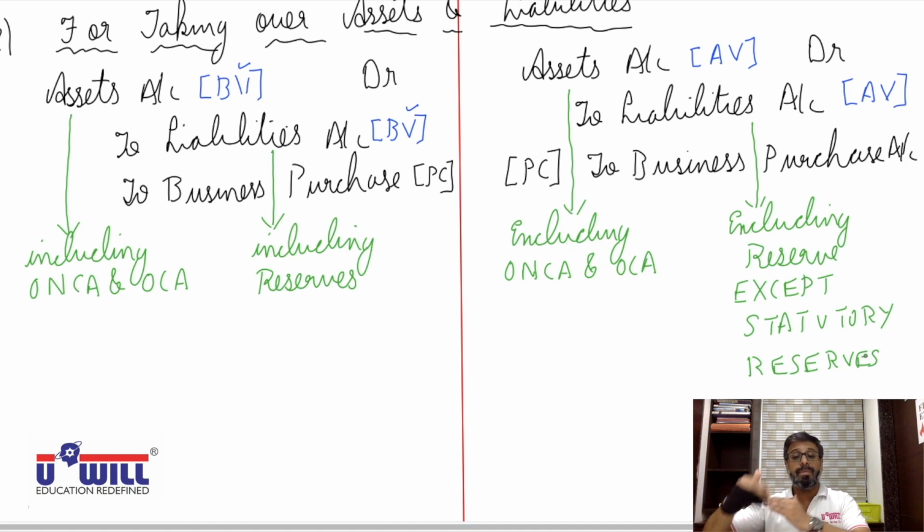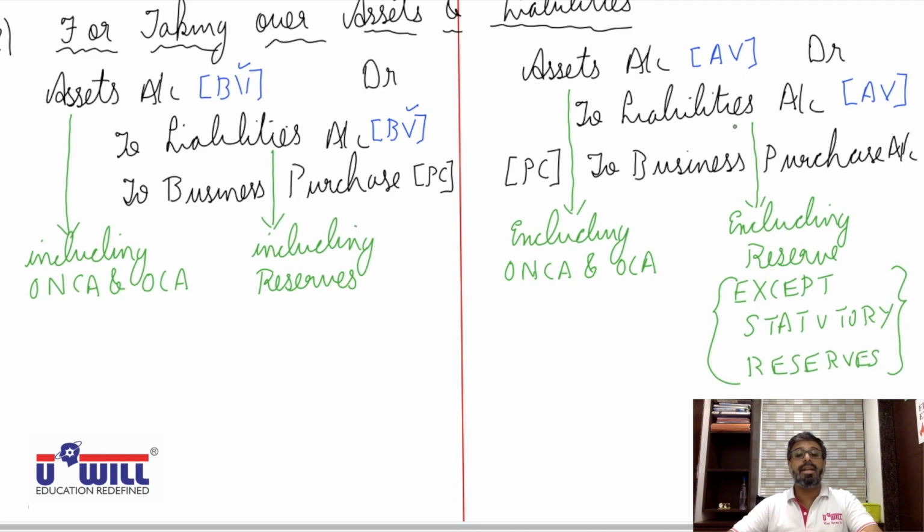So even when the company goes into liquidation and a new company is formed, it is a tea and plantation company only. They have to continue to maintain that development rebate reserve for that period of 5 or 7 years. So they have to take over that development rebate reserve. So liabilities will be excluding reserves, but statutory reserves will have to be included.